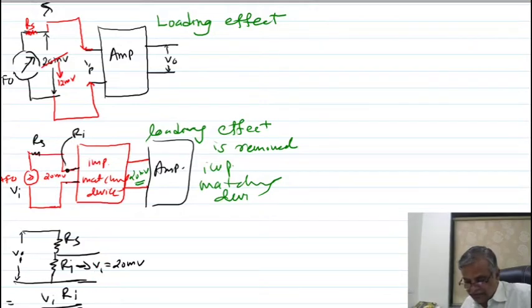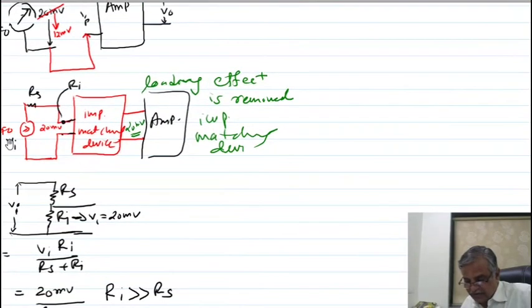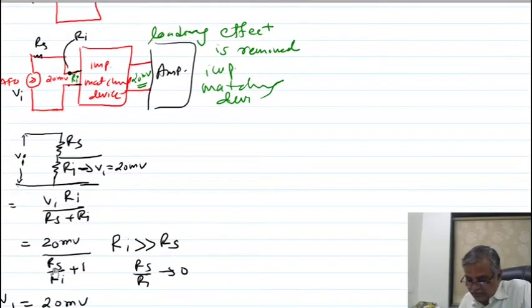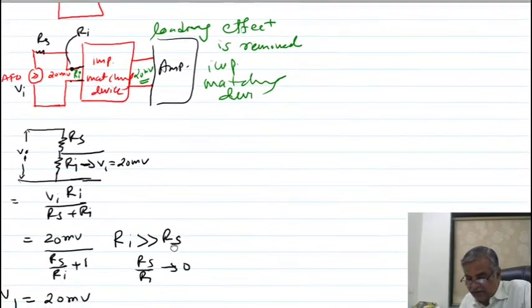V1 is Vi into Ri upon Rs plus Ri, where Ri is the input resistance. So you can see here 20 millivolt. Rs by Ri is very simple, Ri is very very large.